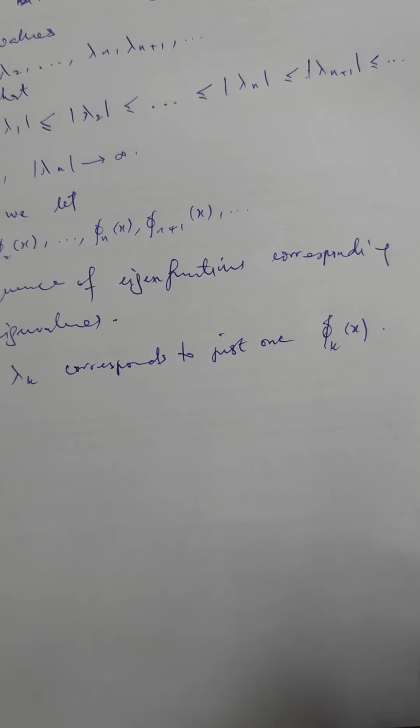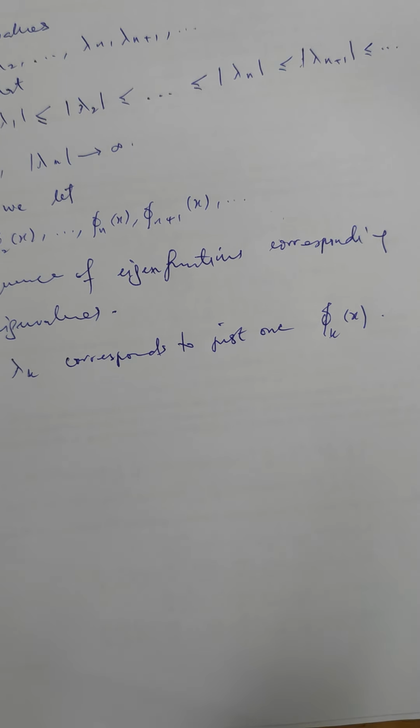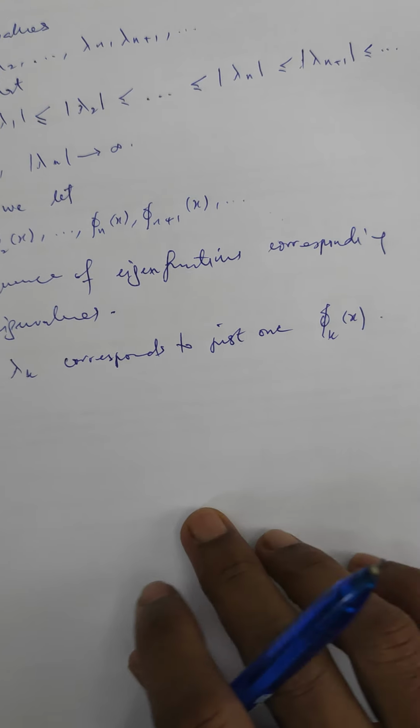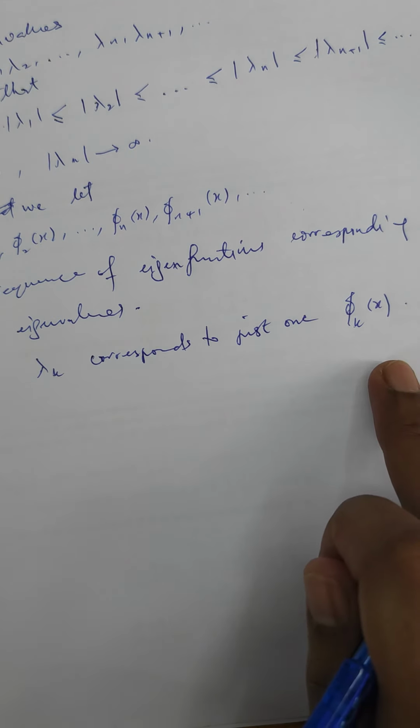So you know what orthonormalized is. The norm of it is equal to 1, and the inner product between phi i and phi j is 1 if i equals j, and if i is different from j, that gives you 0. So the eigenfunctions are orthonormalized.